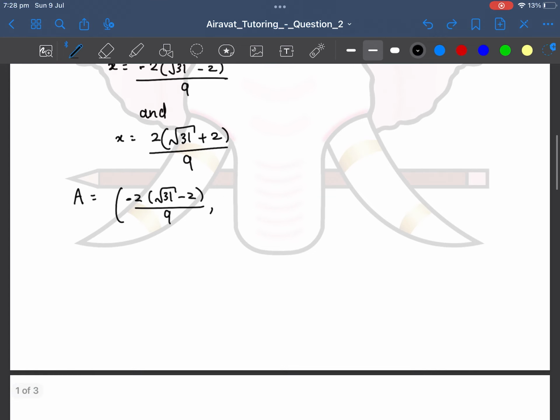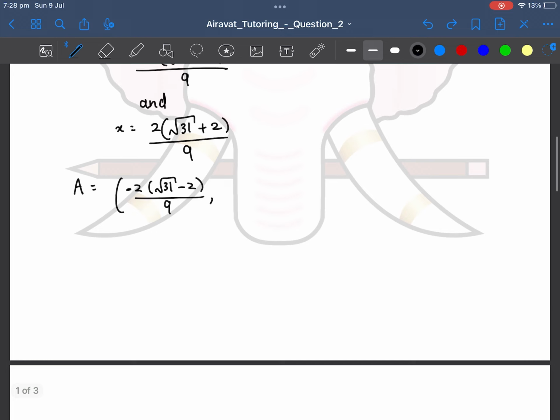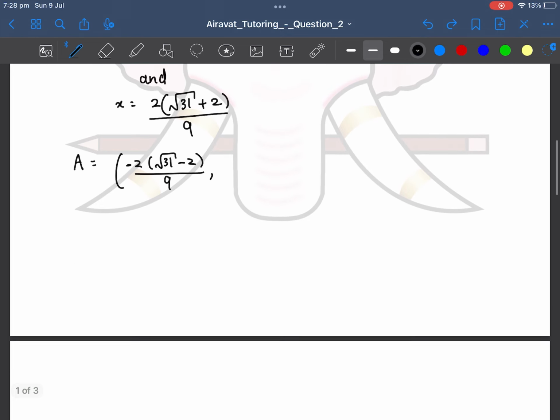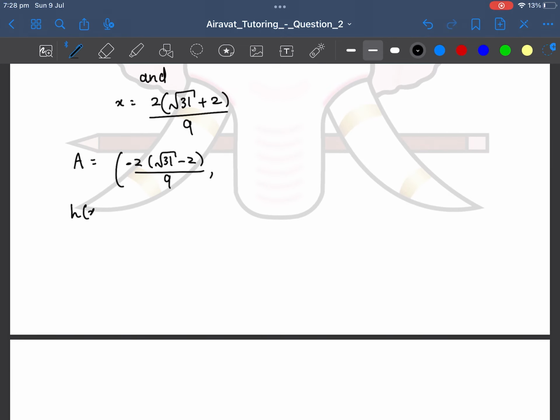Now if I were to find the y coordinate, we'll substitute this x coordinate back into h of x. So h of the whole thing, minus 2 times root 31 minus 2 over 9, and that would simplify the answer.